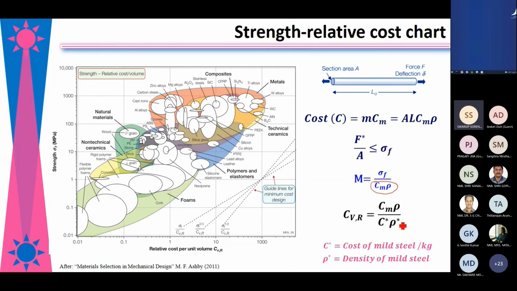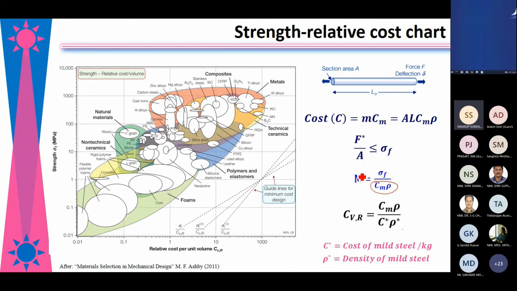Here C_m rho is divided by the cost of mild steel per kg into the density of mild steel. So this becomes relative to mild steel. And then we plot sigma f against this relative cost per unit volume in this fashion, and try to find out, as this increases, the cost is high. If the cost is high, then the material index will be low.